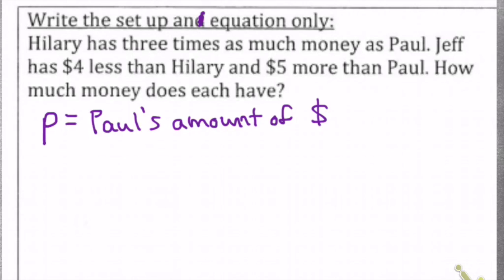And then I want to define the others as well. Like if I have Paul's, then I want to decide, okay, what is Hillary? Hillary has 3 times as much money as Paul. So hopefully thinking through, you can define that as 3P. So that would be Hillary's amount of money.